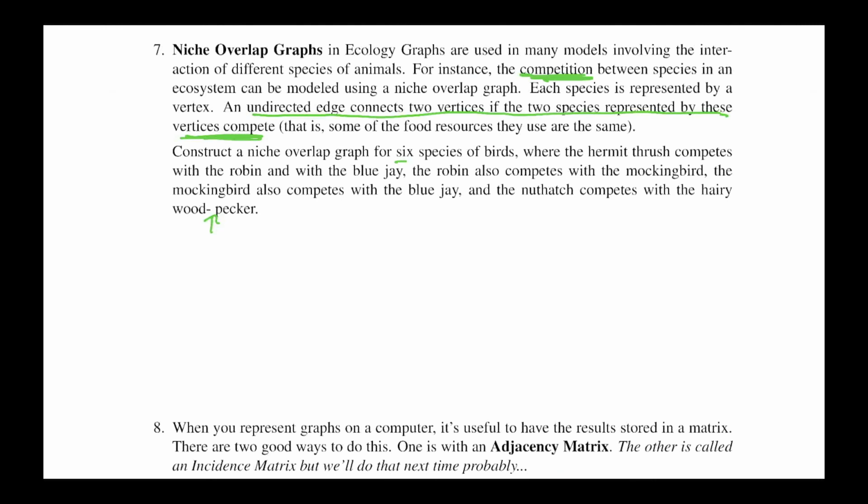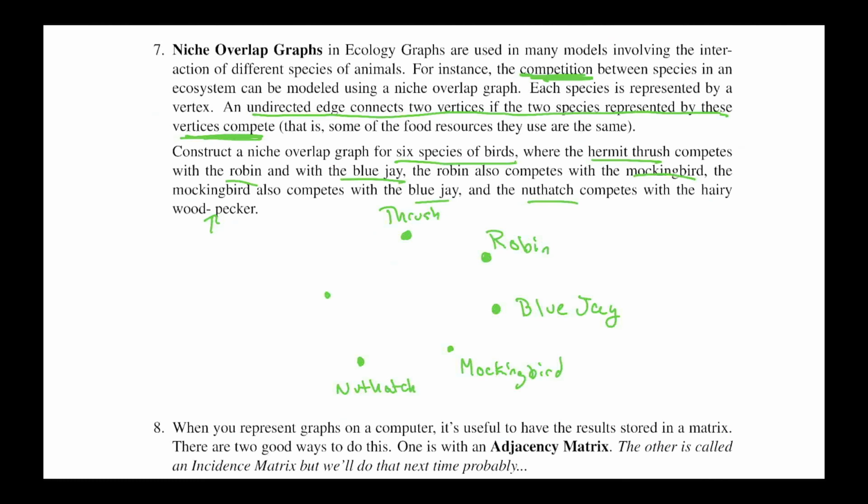So what do we have? 6 species of birds: hermit thrush, I'm just going to write thrush, robin, blue jay, mockingbird, nuthatch, and hairy woodpecker.